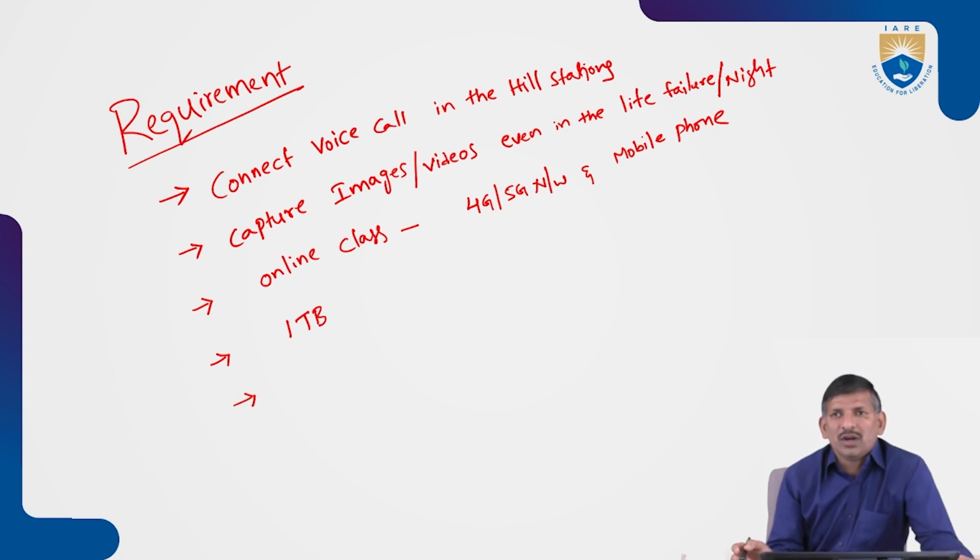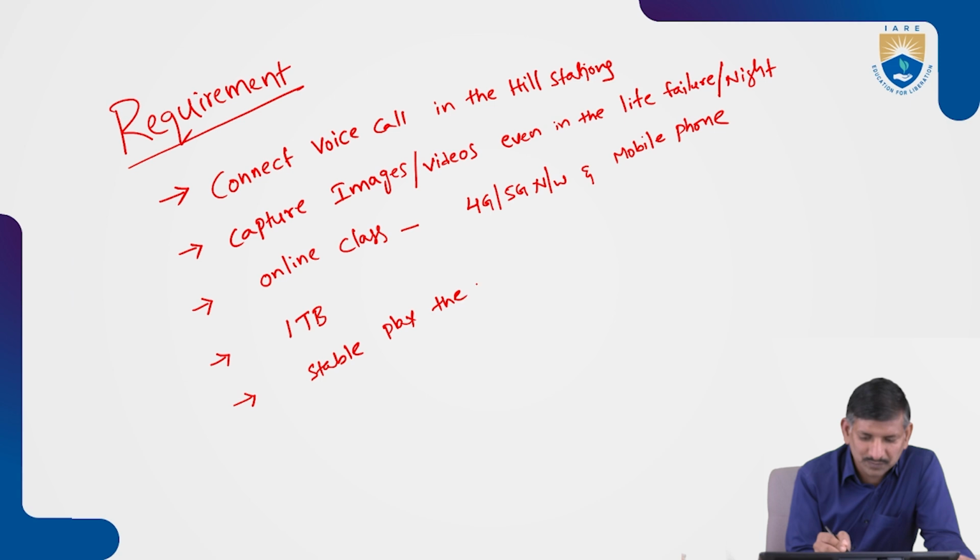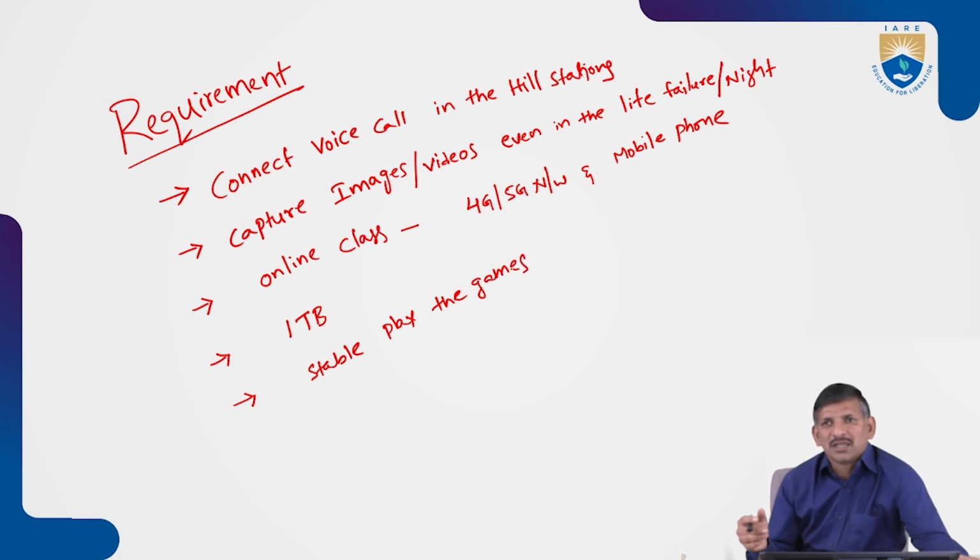Next, if you want to use simulation tools, or if you want to play games at high speed, we require a corresponding graphic card to load the images and videos without buffering or interruption. So your requirement is to play the games stably, without any interruptions, on our mobile phone.